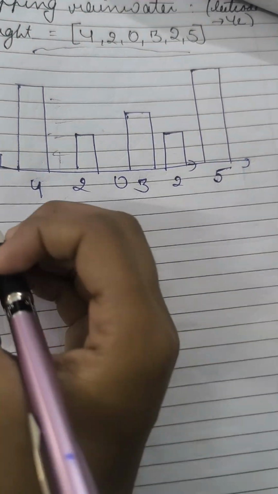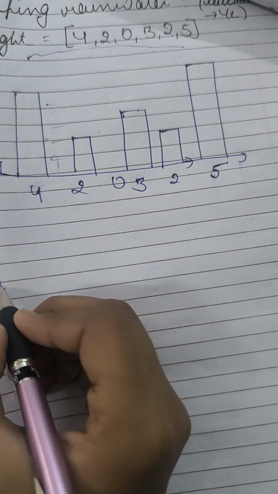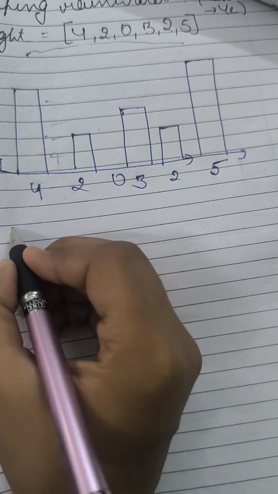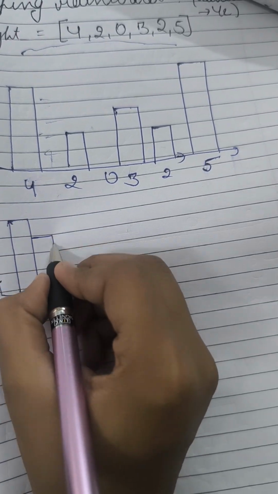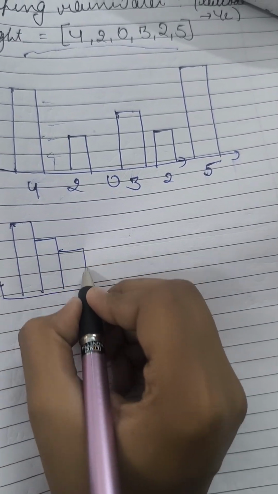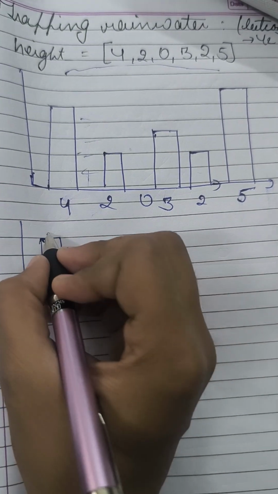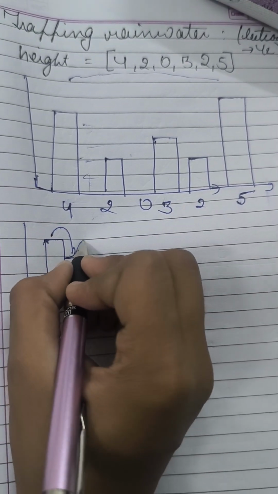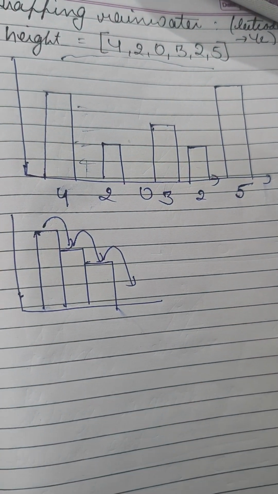Okay, so now, does trapping rainwater make sense when the bars are in decreasing order like this? Is it ever going to trap rainwater inside it? No, it's never going to trap, because when water comes, it is going to slide down, so it's never going to be stored.